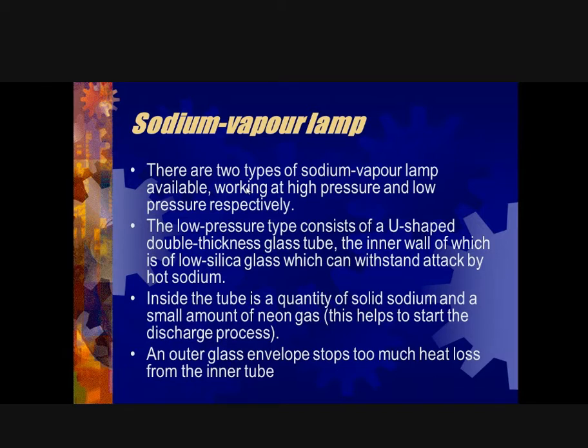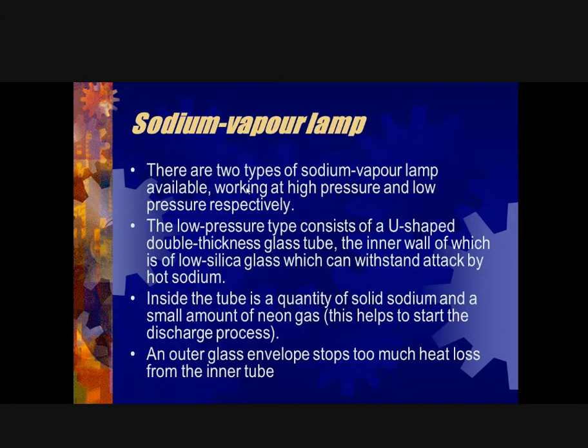which can actually withstand it. It's coated for a particular purpose because we are talking about sodium becoming hot, which is going to become corrosive to the bulb. So to prevent it from eating away at the glass, it is coated with a neutralizing agent, which is basically silica, right? Inside the tube is a quantity of solid sodium, and a small amount of neon gas.